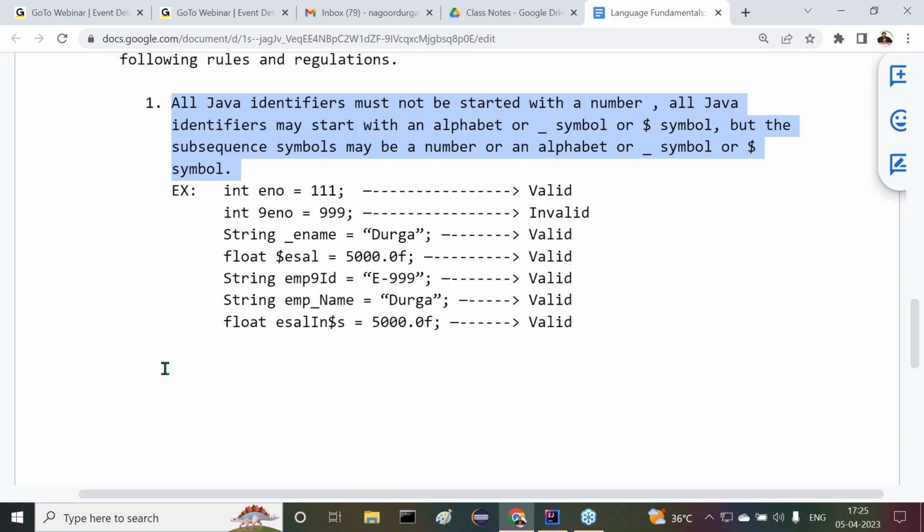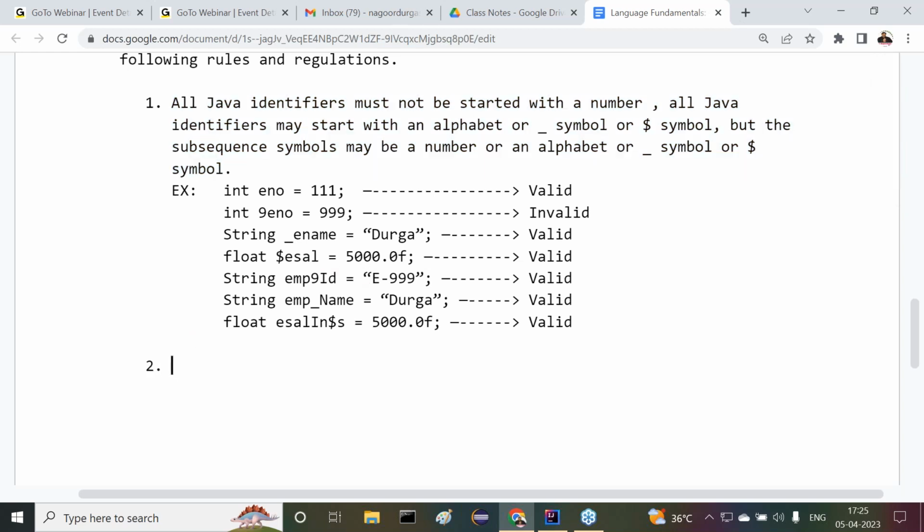All right. Next one is the second point, listen carefully. All Java identifiers are not allowing spaces in the middle. This is commonly the mistake people are making, very frequently in programming.